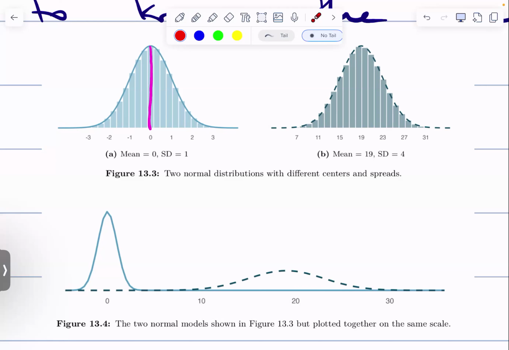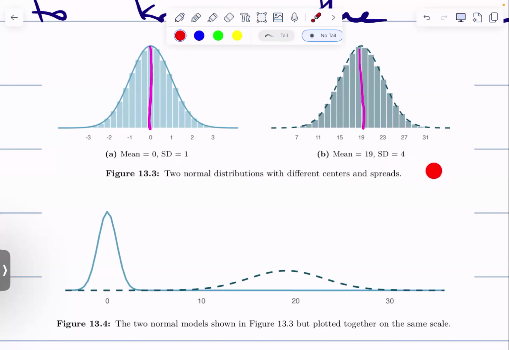And the best measure of spread is the standard deviation, or the most appropriate. And so here we have a standard deviation of 1. Over here, we have a different distribution with a center of 19 and a standard deviation of 4. Sorry, it's zoomed in, so my pointer is huge.